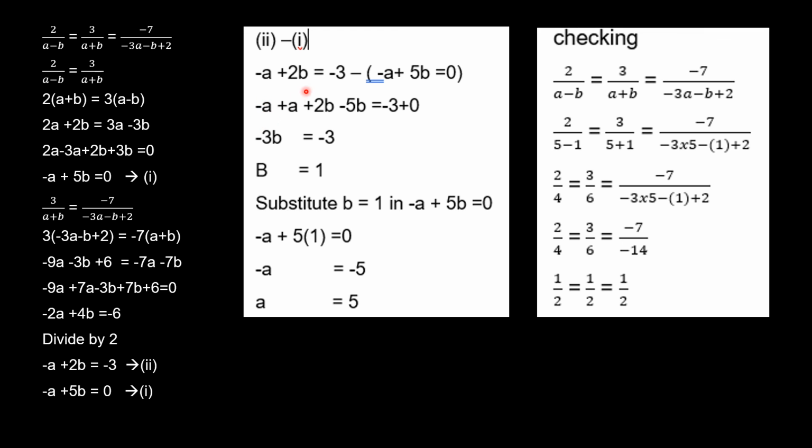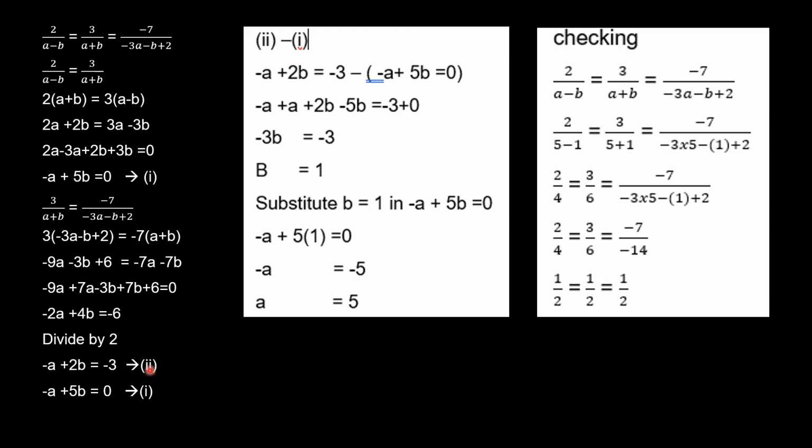So minus a and plus a will cancel out, minus 3b equal to minus 3, b equal to 1. Substitute b equal to 1 here. You will get minus a plus 5 equal to 0, minus a equal to minus 5, a equal to 5.